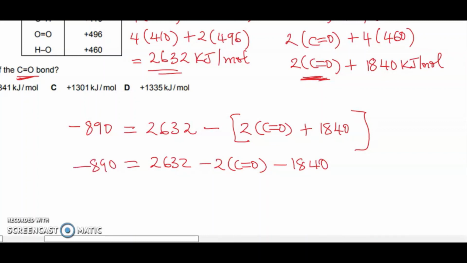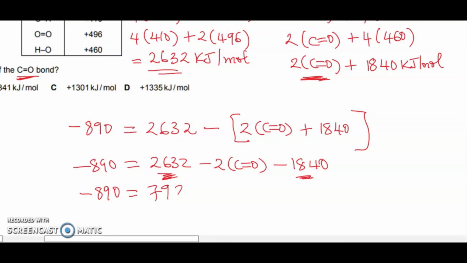So we continue down. What do we have in this case? Here what we have is this negative 890 will be equal to, if we take this minus this, 792.